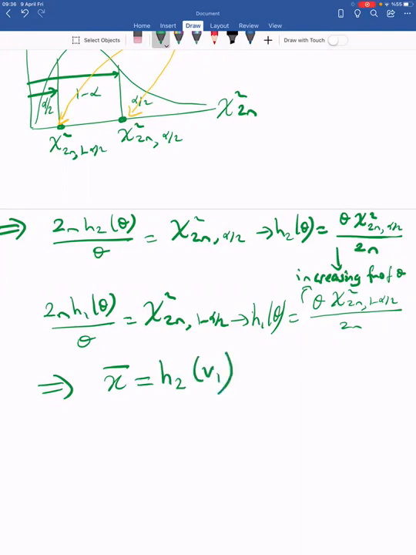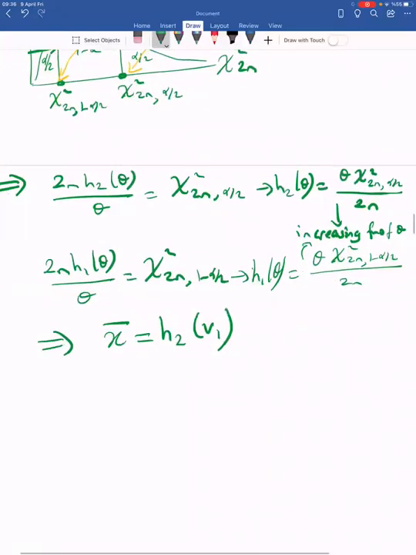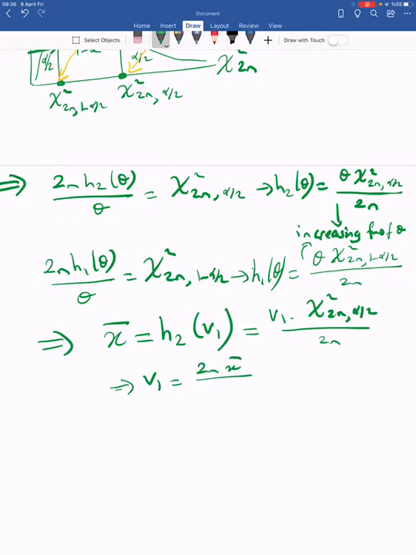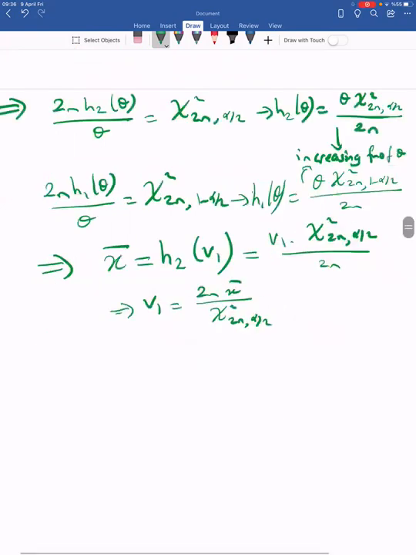On the h2 function, we solve for theta, and replace this theta by v1. So v1 times chi-square 2n alpha over 2, divided by 2n, and from here we get v1 as 2n x bar over chi-square 2n alpha over 2. Okay, so this will be the lower bound.